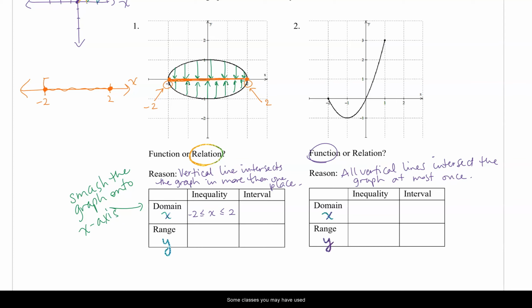Some classes you may have used brackets to indicate that inclusion. We're going to use brackets to indicate the inclusion because those brackets directly translate to interval notation. Basically, we're getting rid of the number line itself, and we're only keeping the essential elements that tell us what interval we're on. So we start at -2, we end at 2, and the brackets tell us we include both of those values. That is going to be our interval notation for our domain.